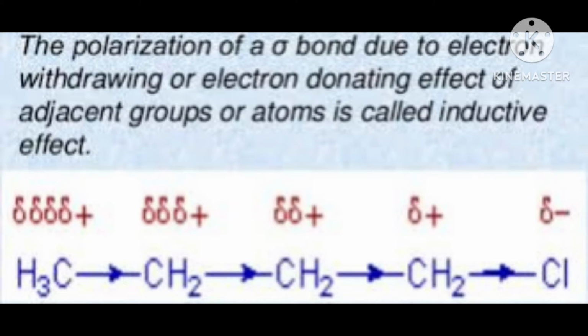Similarly, the electrophile attacks at the nucleophilic center, which is the electron-rich center of the substrate. Thus, the electrophile receives an electron pair from the nucleophile when the two undergo a bonding interaction.